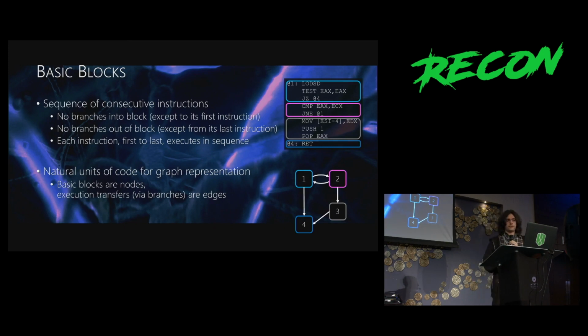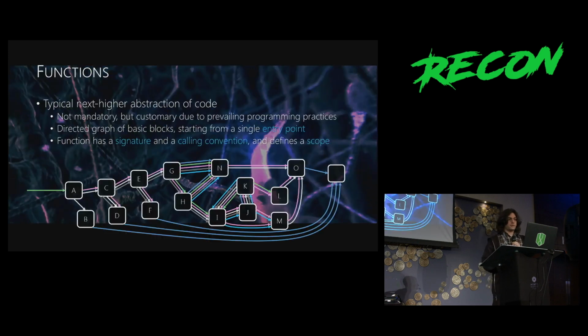And graphs like this are really convenient to model as even higher levels of abstraction: functions. So we can talk about what these basic blocks do when taken together. Functions, of course, aren't mandatory. You can write some assembly that is absolutely miserable to read and doesn't have any kind of consistent calling convention.